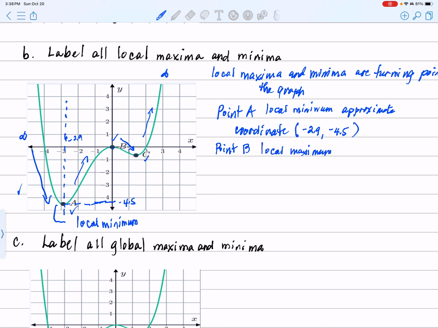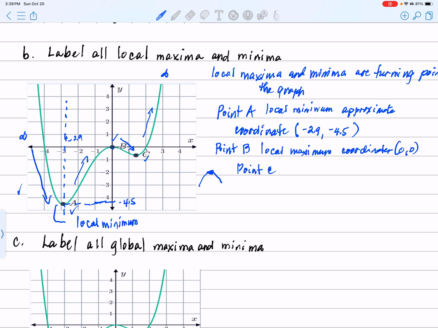Look at this portion right there. You see the top of the hill. It goes like that right here. So I say that's a local maximum at the coordinates of, you're quite sure of the coordinates, that's 0, 0.